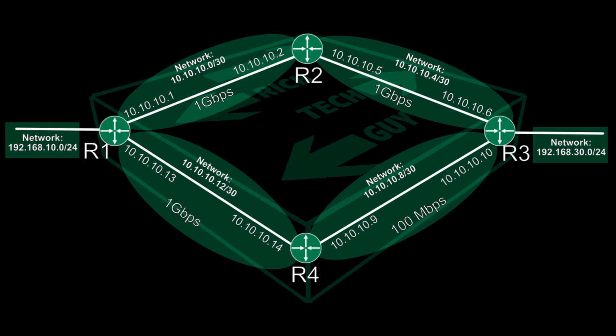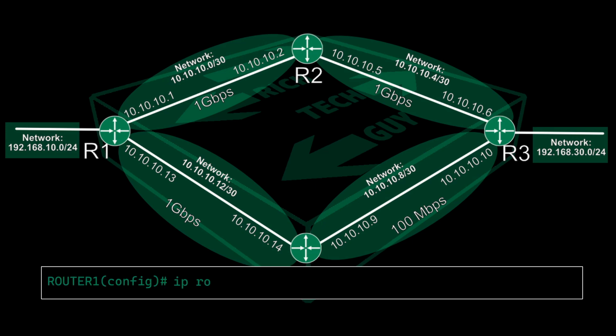But if I put in a command IP route 192.168.30.0, the destination network, followed by the destination subnet mask 255.255.255.0, followed by the next hop address 10.10.10.14, and then I add another number, in this case 110, now I have assigned an administrative distance value of 110 to that static route.